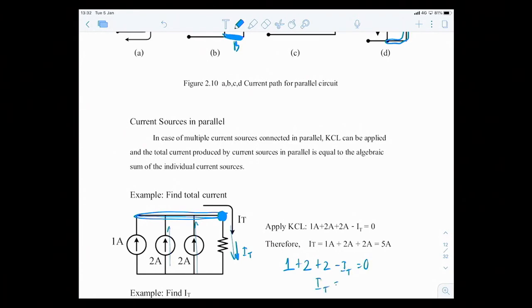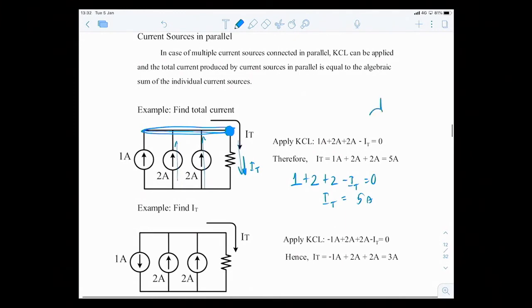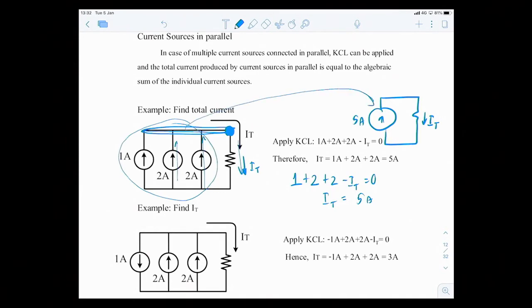So IT equals 5 amps, and you can represent it simply as 5 amps, like this.